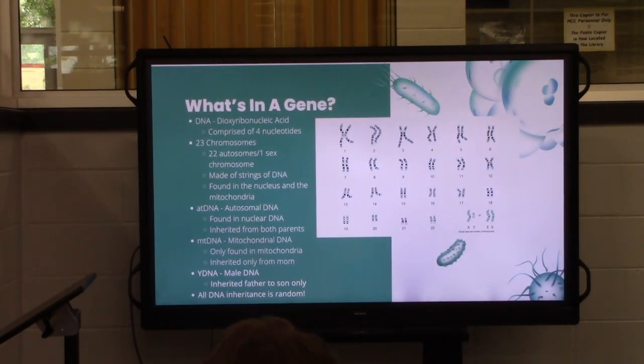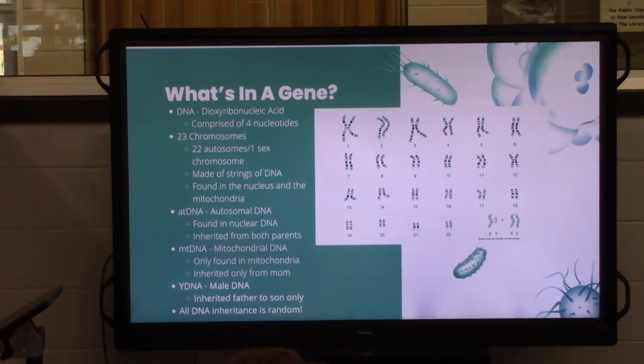So that's what that is based on. Now, this makes strings of DNA, and that DNA, or these chromosomes, is then found in the nucleus of your cells and in the mitochondria of your cells. And that's important where it's found because that tells us what kind of DNA it is and who it comes from. We're going to talk a little bit about that.